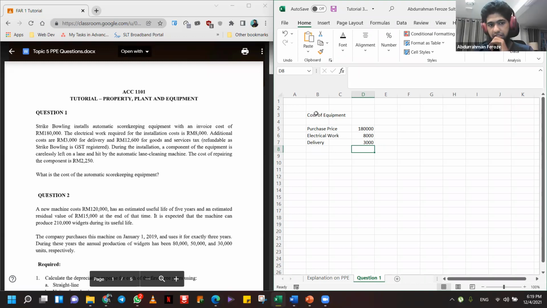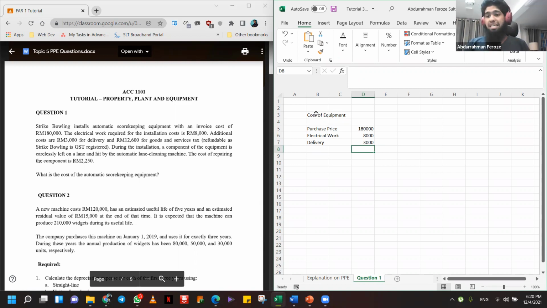Why don't we add the goods and services tax? Because it's a tax? Usually, when you're buying a building or land, there are property taxes. Any cost incurred that allows you to use the asset, that makes the asset usable, is included in the cost.